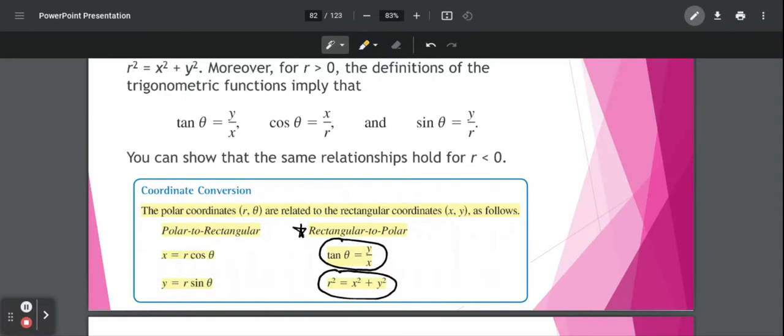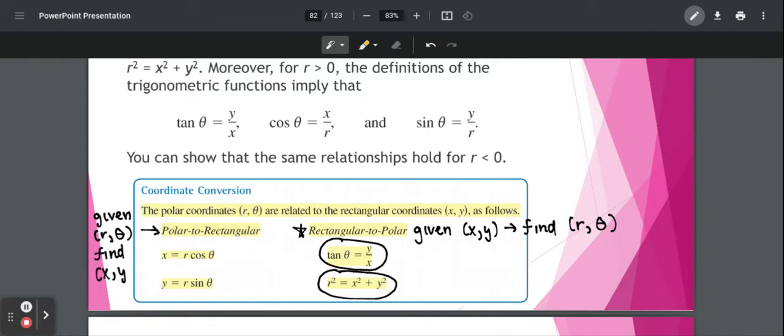This would be if we're given x, y, and we need to find r and theta. The other is polar to rectangular. So polar to rectangular would be that we're given r and theta, and we want to find our x and our y.